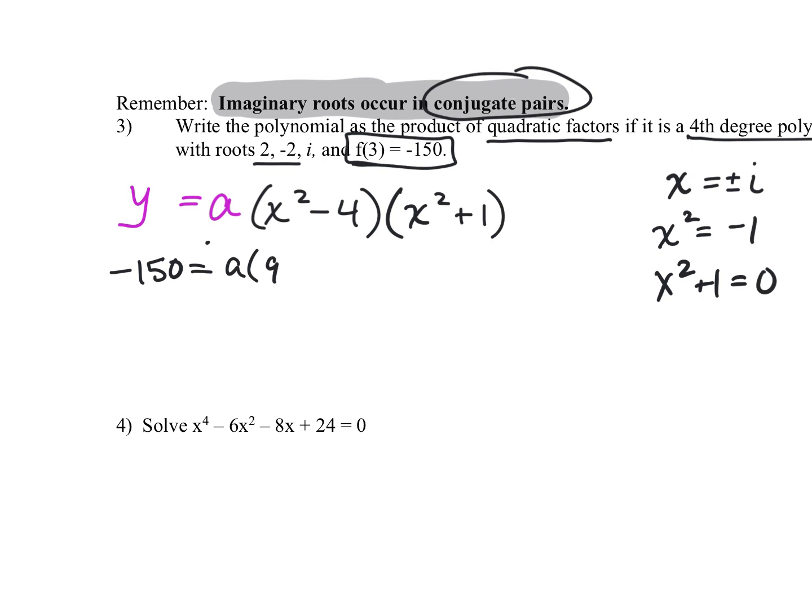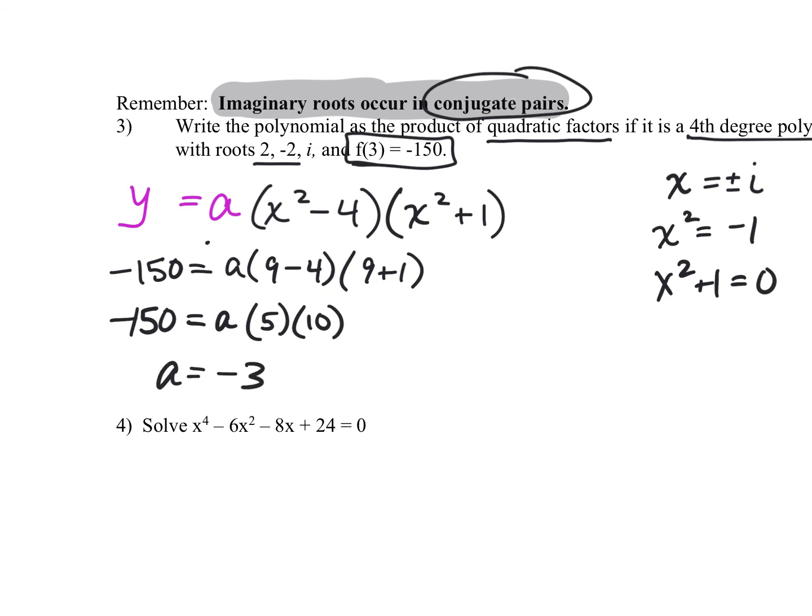So in this case, I'll have 9 minus 4, and then I'll have 9 plus 1. That means that -150, that point they gave us, is going to be a times 5 times 10. So our a value, when it's all said and done, will be -3. Our perfect answer here would be y equals -3 times x squared minus 4 times x squared plus 1.